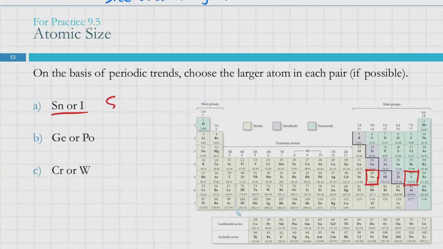Tin. It's further to the left. It's got less effective nuclear charge. It's got lower effective nuclear charge, so it's going to be bigger.